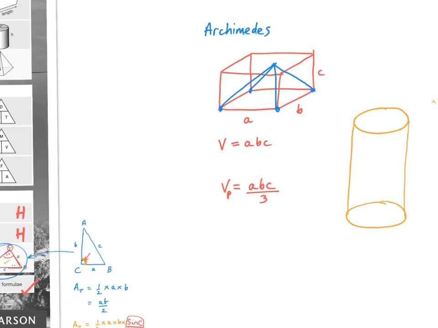Then again, Archimedes noticed that if we choose a base here, and any point on the very top, now it doesn't really matter where this point is in red here, it could be here or anywhere, just like this blue one here could have been here or there or at a corner even.